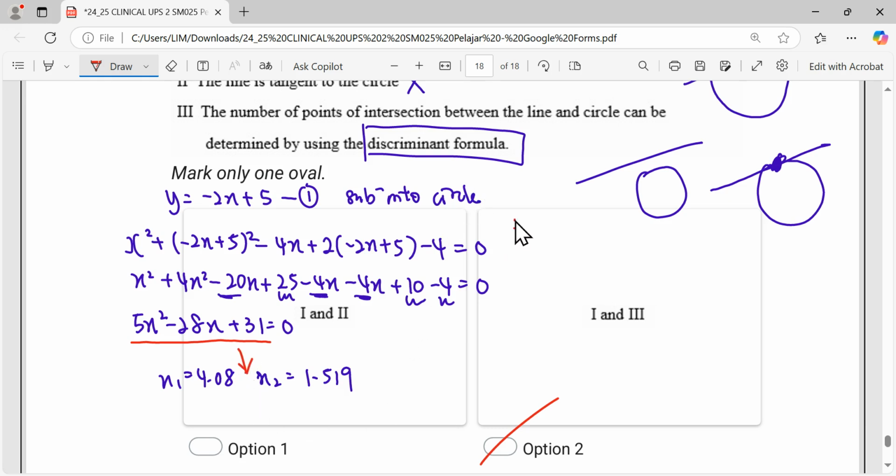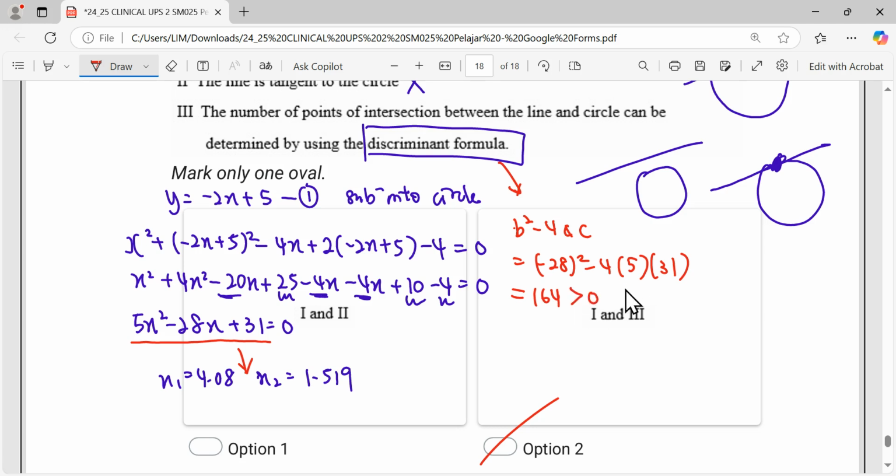So if you don't want to, we can test b squared minus 4ac. So this is your discriminant formula, where b is negative 28 squared, a is 5, c is 31. So we see what is the result here. As you have 28 squared, then minus 4 times 5 times 31, you get 164.